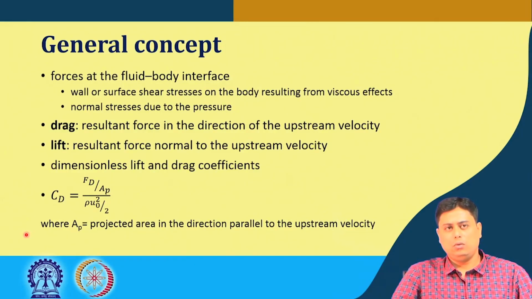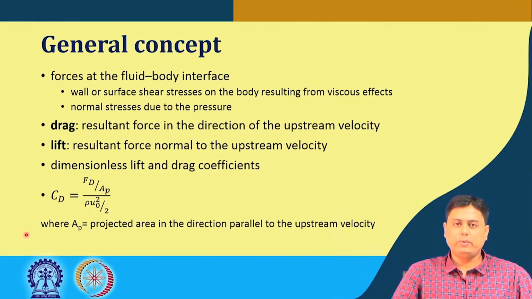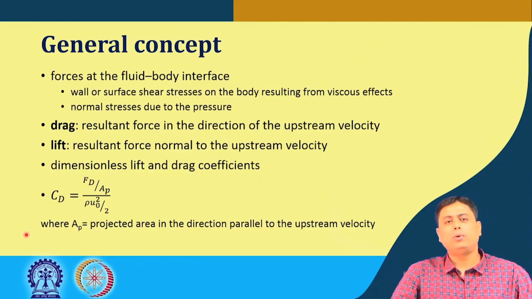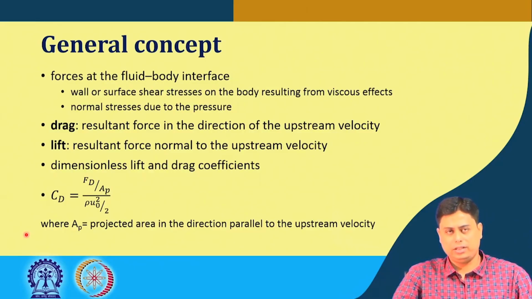We say the drag is the resultant force in the direction of the upstream velocity, and the other force is the lift force, which is the resultant force normal to the upstream velocity. By typical convention, the drag force is made up of the shear stress drag and the normal stress drag, because remember the objects are not flat surfaces. They have curvature.